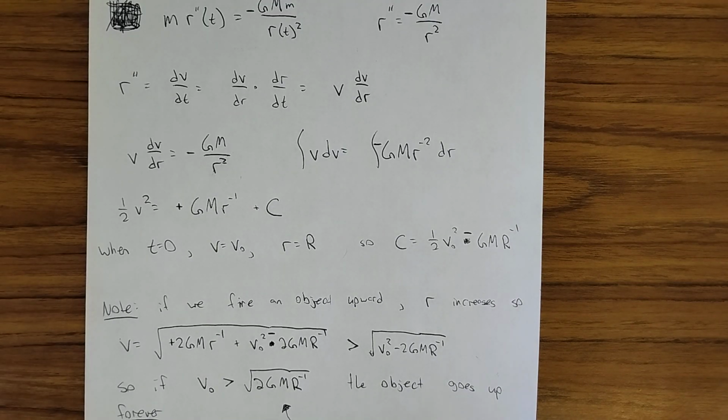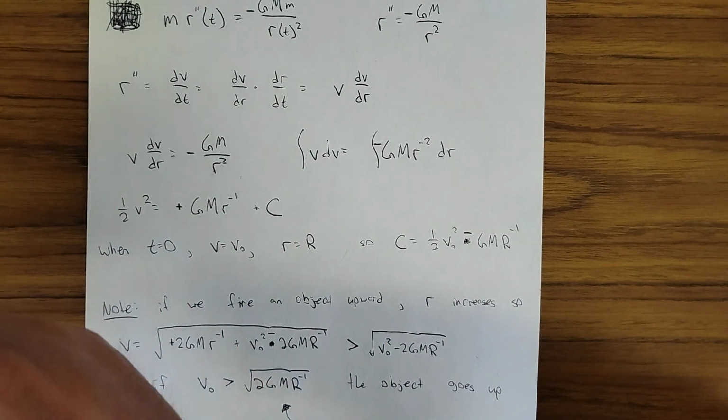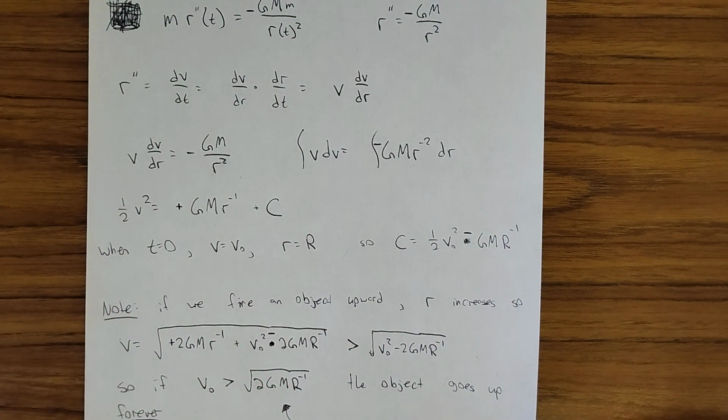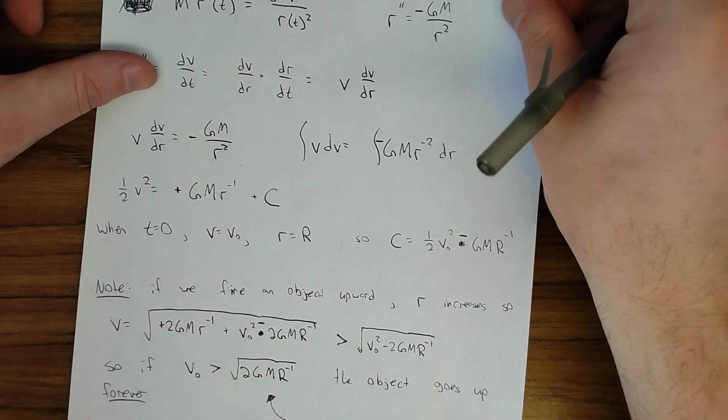And if you fire it fast enough, then it's not going to slow down that much, and it's going to get really far from the center of the Earth where the pull isn't so much, and it can actually go forever. And fast enough, quote unquote fast enough, is what we call the escape velocity. So we're just going to talk about that.